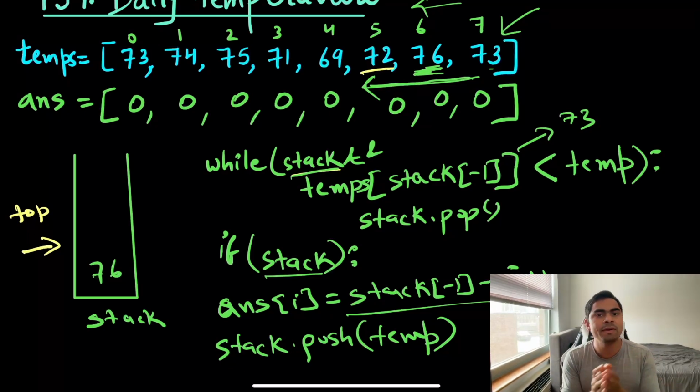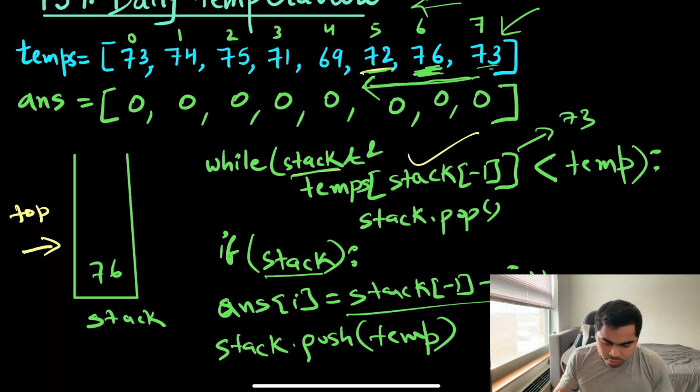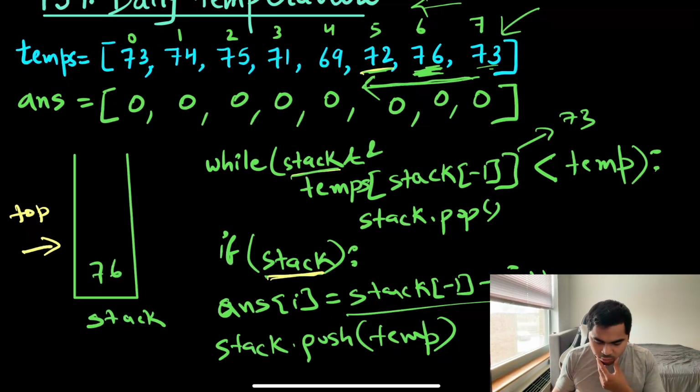Basically, if 73 was greater than any other temperature that occurred before it, 76 will be even greater. So we can safely pop out 73. Now 76 is on the top of the stack. For 72, this particular condition does not execute.